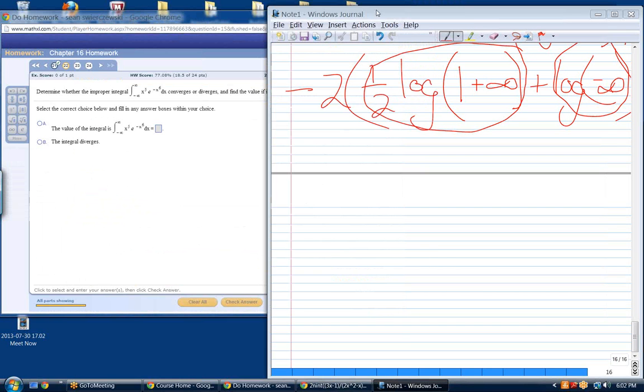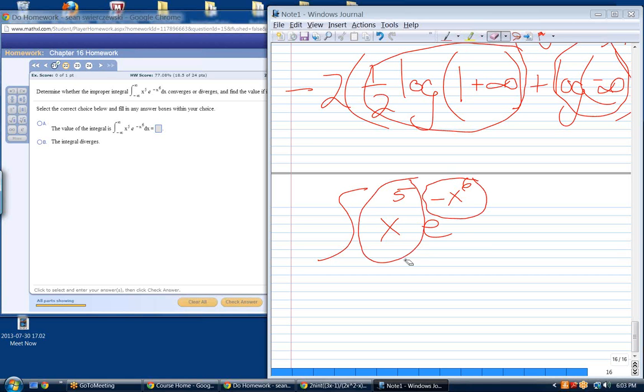So this one, what do you notice right off here? It's just like the substitution method. Good. In other words, what we notice is that the derivative of that is the same order of magnitude as that.